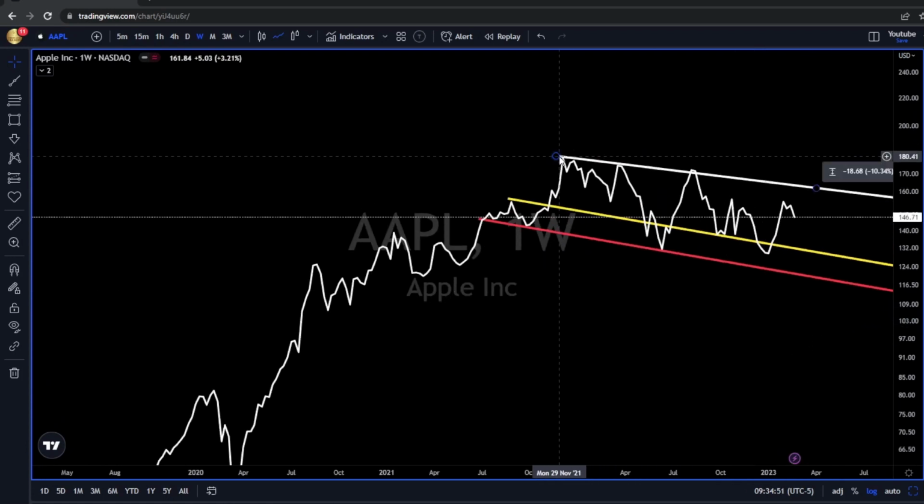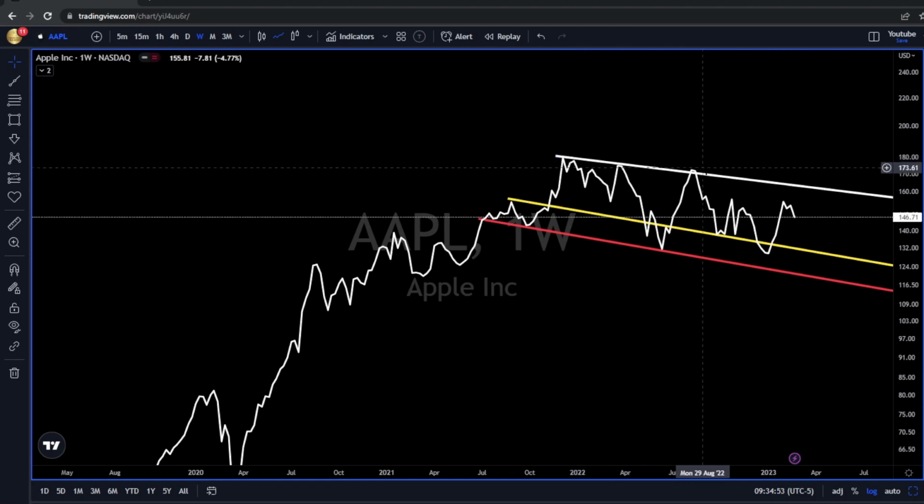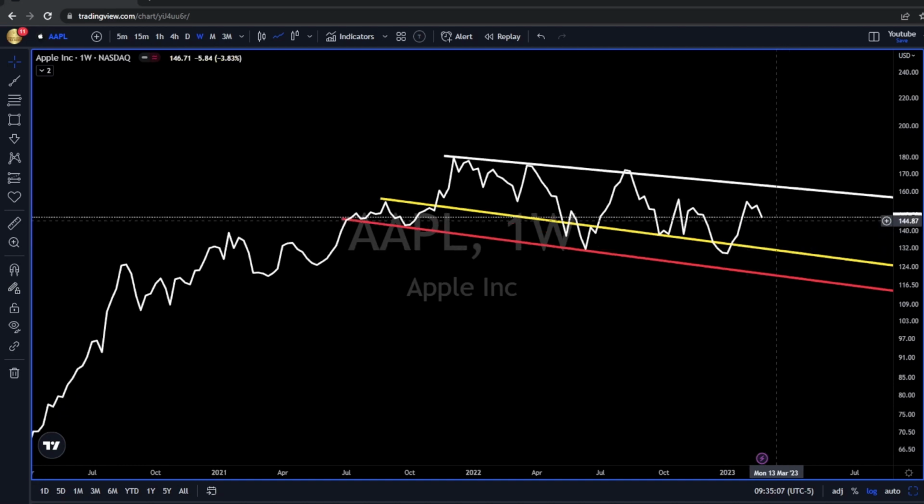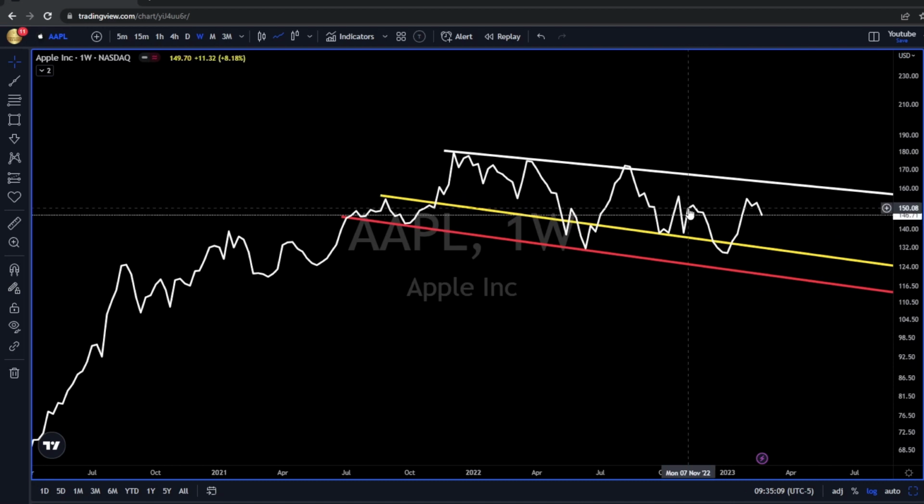Apple, weekly, lower highs, lower lows. Now this trend line, the yellow one, needs to hold. We have another 14 points to the downside until we reach this trend line, but it looks like Apple is on the way over there.